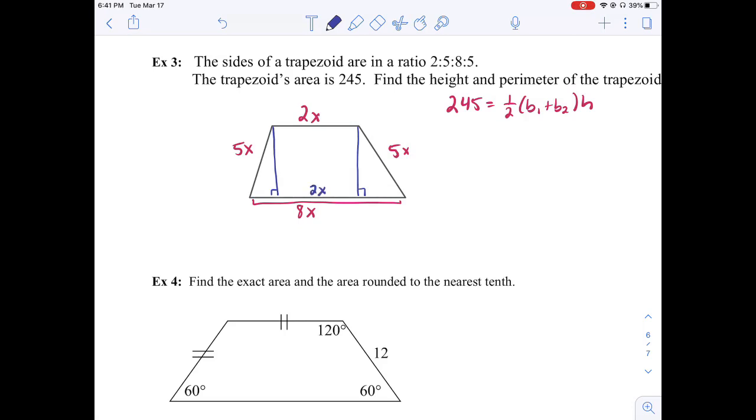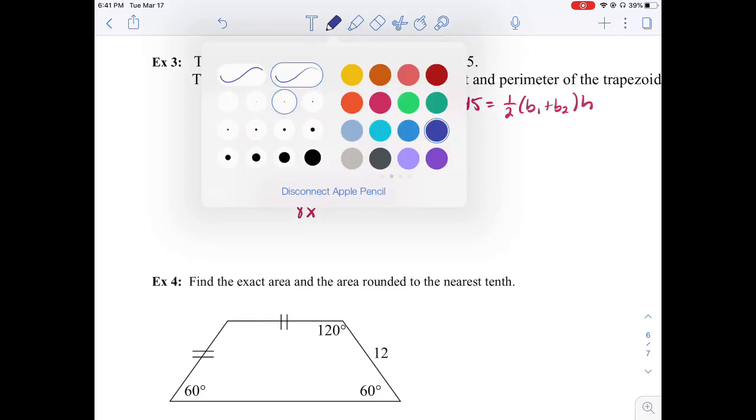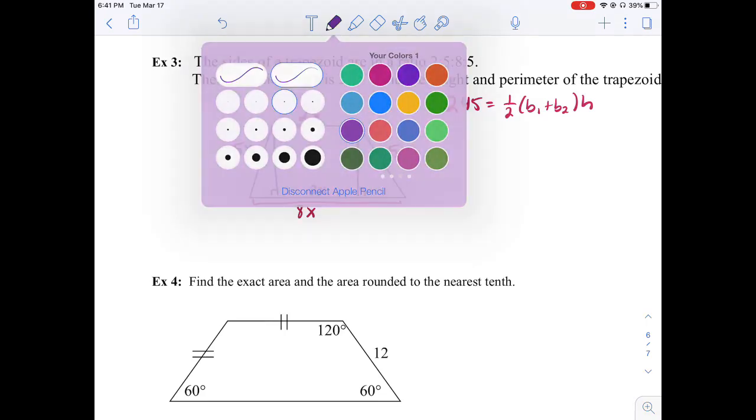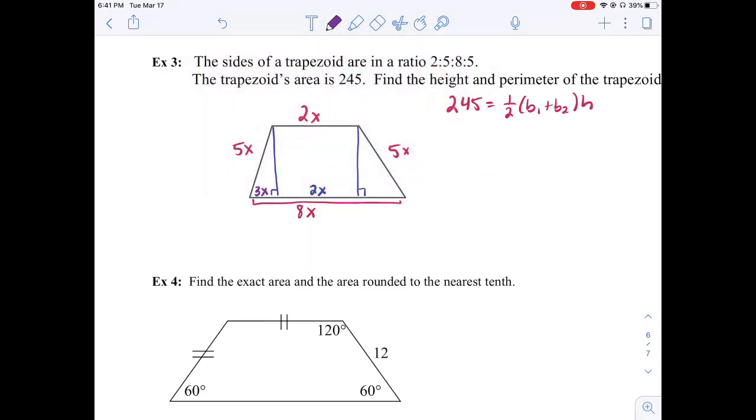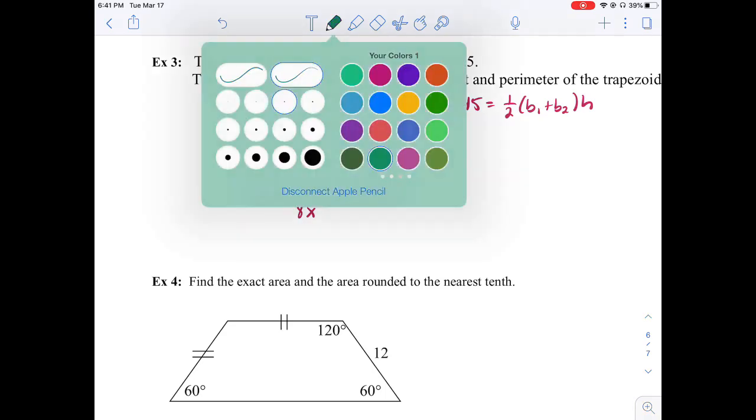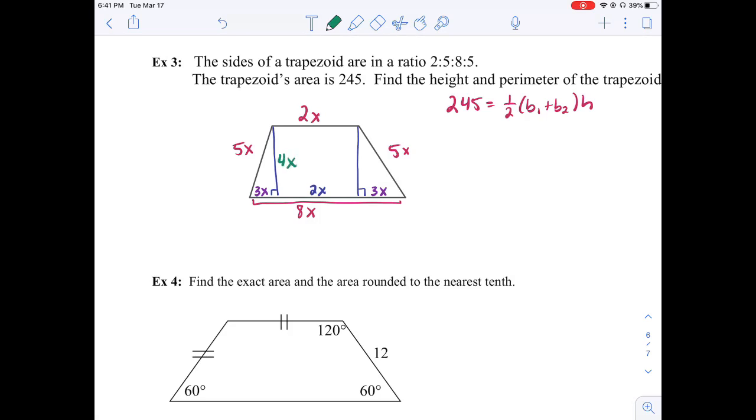The middle portion will be 2x. If the whole length is 8x, that leaves 6 x's to be divided evenly, which would make these pieces each 3x. Hopefully at this point you're now starting to recognize the 3, 4, 5 triangle. Even though there's an x, they all have an x, so that would make my height have an expression of 4x.